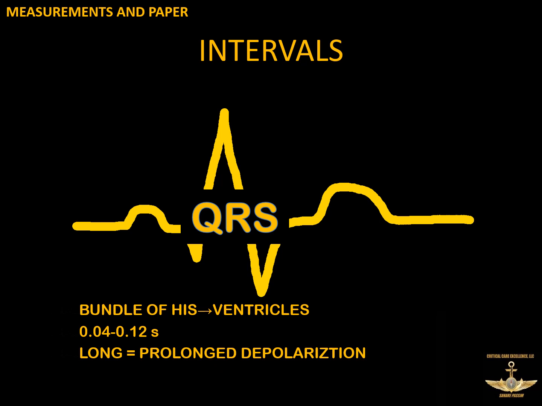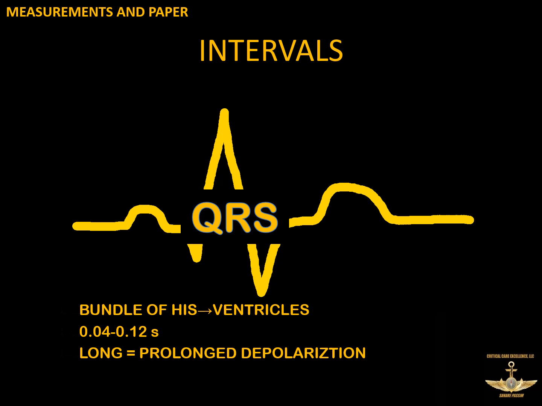The QRS duration is the representation of time from the bundle of His all the way through the ventricular system. And this should be pretty fast. This should be 0.04 to 0.12 seconds. So 40 milliseconds to 120 milliseconds. And if it's longer than that, then that signals prolonged depolarization.